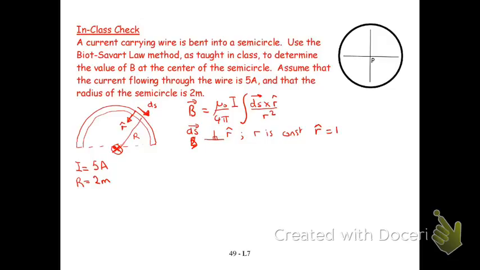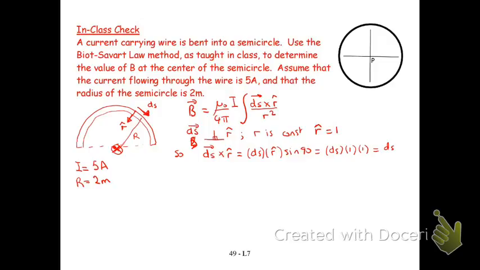And I'd love it if you can say, so ds cross r hat is equal to ds r hat sine 90, which equals ds times 1 times 1, which equals ds. That's a very nice understanding. That's the physicsy bit. I don't know if in the math they care about that so much, but I care about that a lot because it's the justification for the next step.